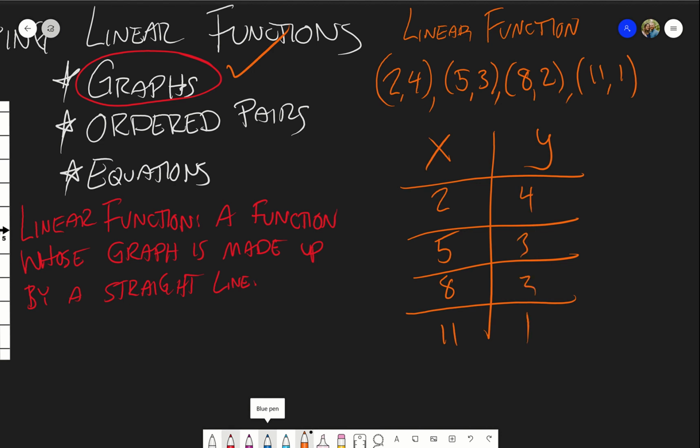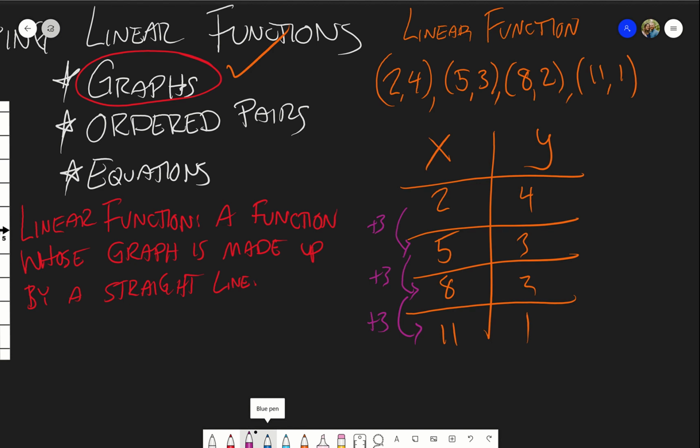So how we check is we look, all right, getting from one to the other, am I going to do the same thing? How do I get from 2 to 5? I add 3. 5 to 8, I add 3. 8 to 11, I add 3. I'm adding 3 the whole way on my x's. And am I doing the same thing on the y's?